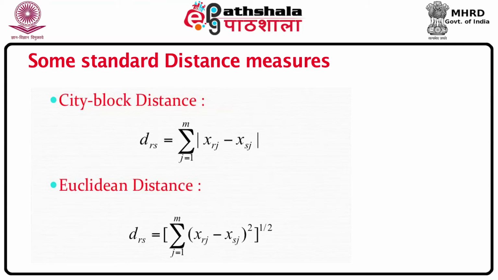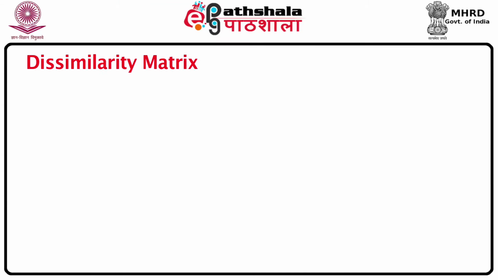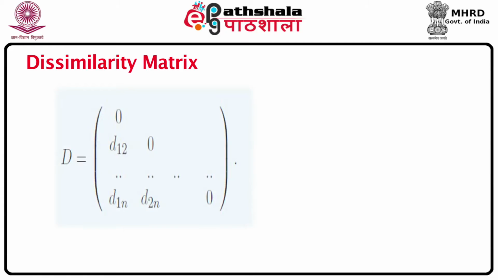Now, having defined the type of distance we will look at, we form what is referred to as a dissimilarity matrix. Now, if you look at this matrix D here, you will find that the diagonals are 0 because the diagonals are the distance between the individual and his own self. So, the first element D11 is the distance between the first individual with himself and hence is 0.